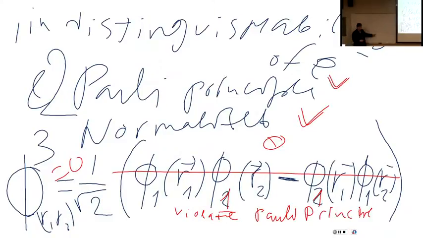So in these terms, we introduce two terms, and you see that here the indices coincide. In the quantum state number 1, there is electron number 1. In quantum state number 2, there is electron number 2. And here, in quantum state number 1, there is electron number 2. And in quantum state number 2, there is electron number 1.